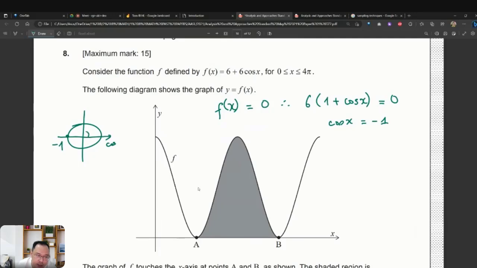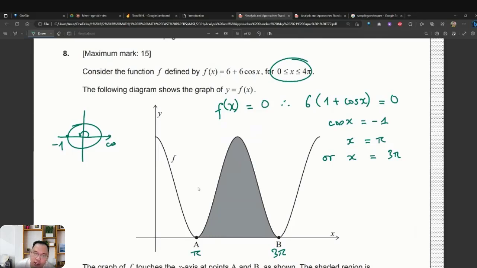So that angle is 180 degrees, which is pi. This point A will be pi. The other point will be 3 pi, because the period of this function is 2 pi, and the domain is from 0 to 4 pi, and therefore this point is 3 pi.